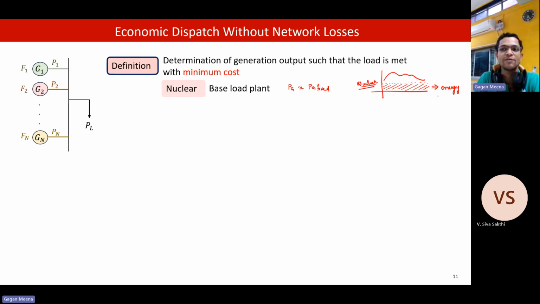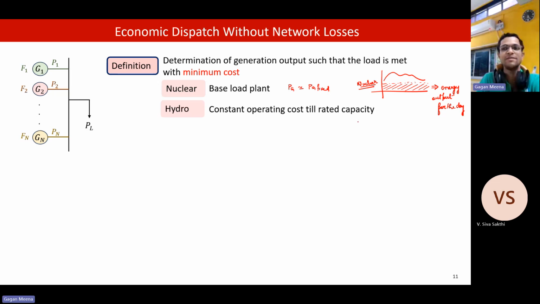This energy output for the day will be provided by the nuclear plant. This is the base of the curve. If we say the entire area, then this is the base of that area, and that area is served by nuclear, so they are also called the base load plant.